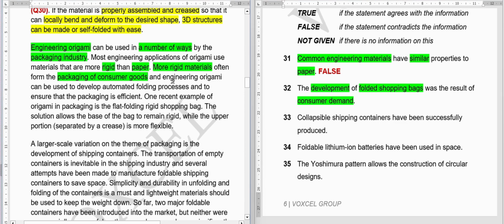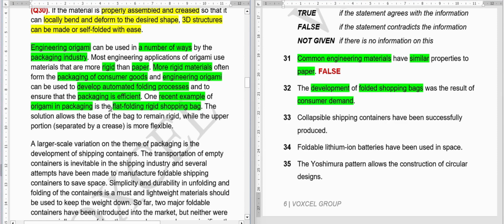And because of engineering origami, we can develop automated folding processes so that packaging can be as efficient as possible. One recent example of origami in packaging is the flat folding rigid shopping bag.